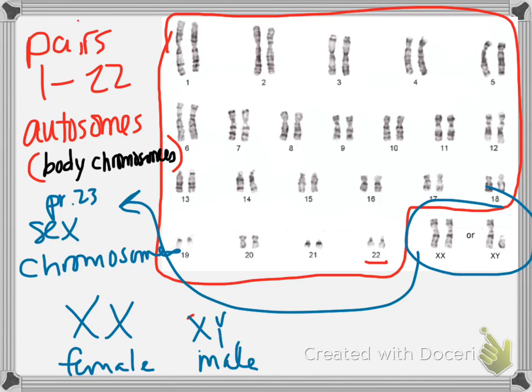In general, XX produces eggs. In general, XY produces sperm. In general, XX are slightly smaller, have slightly lower muscular density, have a slightly different shoulder to hip to waist ratio, tend to not have as much body hair, all that. In general, males tend to, you get the picture.